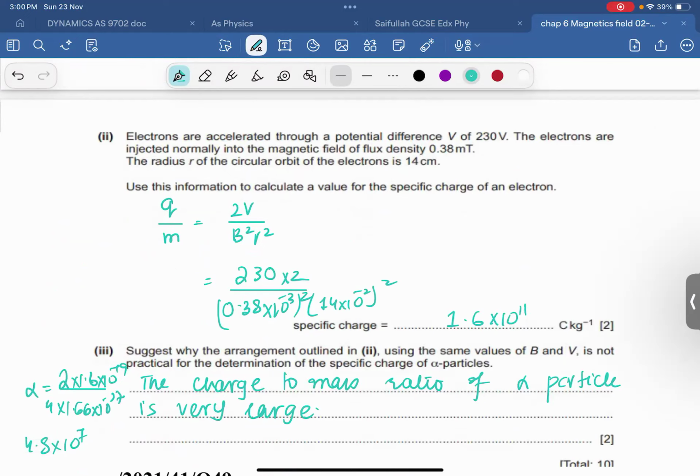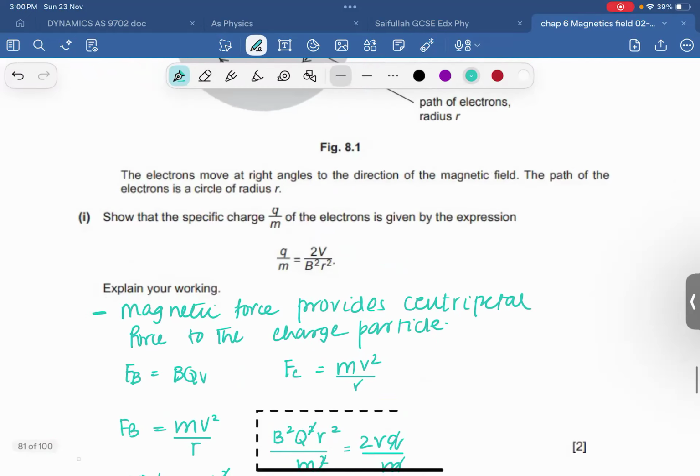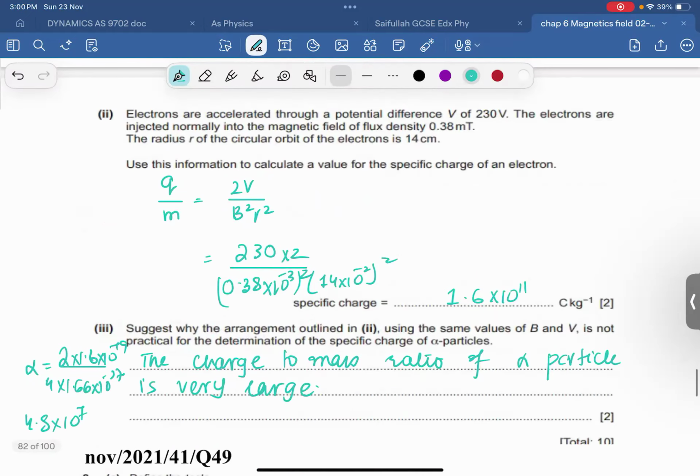Use this to calculate the specific charge of an electron. If we work out the specific charge directly by its value, the charge of the electron is 1.6 exponent negative 19 divided by 9.11 exponent negative 31. So it is approximately 1.75 exponent 11.